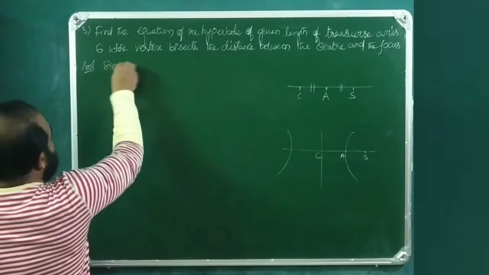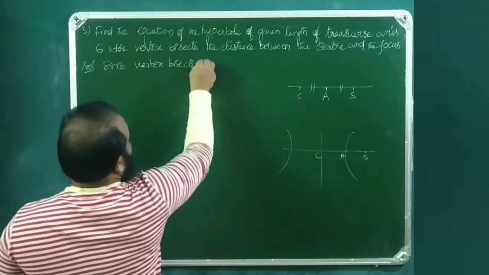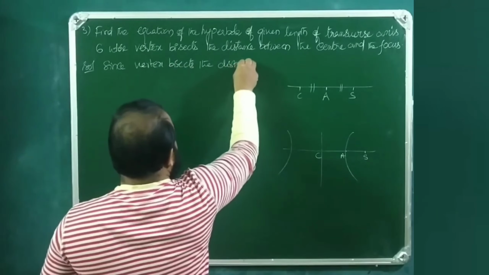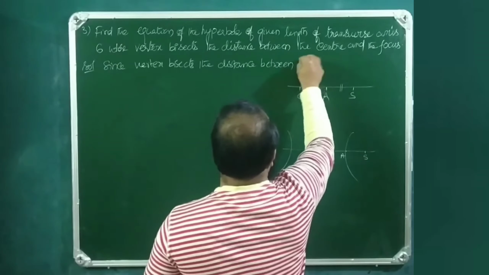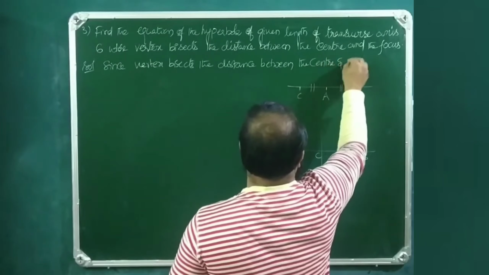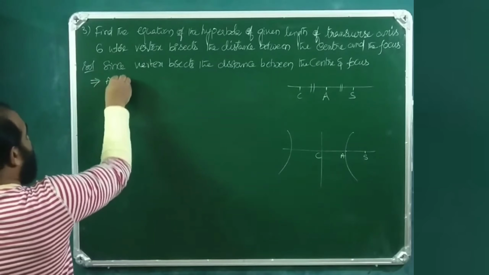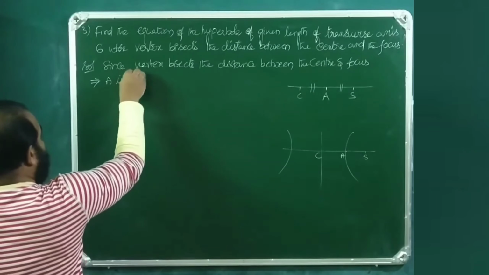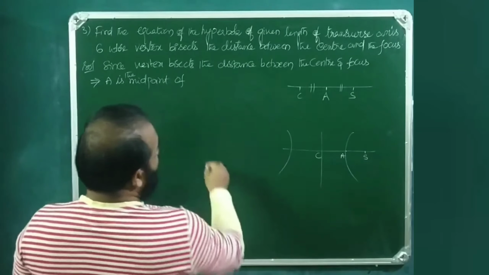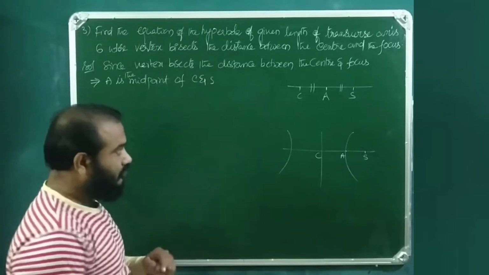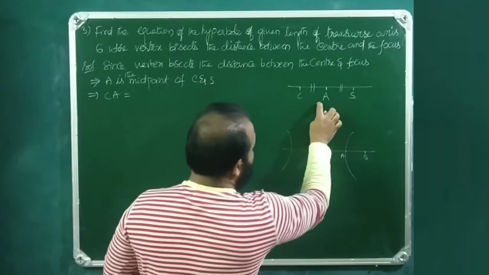Since the vertex bisects the distance between the center and the focus, this implies A is the midpoint of C and S. That means CA is equal to AS.